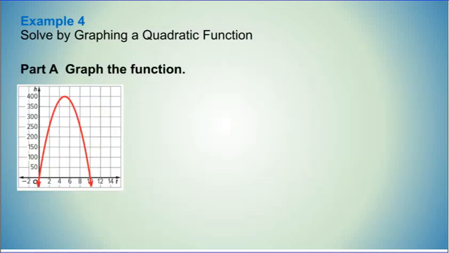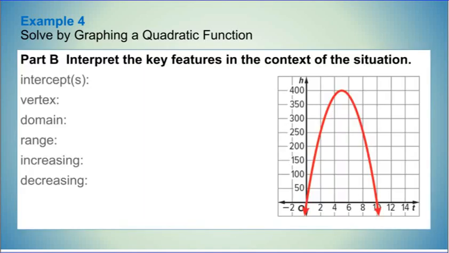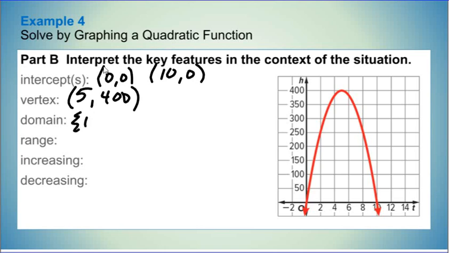Now let's interpret the key features. Here's a graph which is similar to what we had. We did say that it was 400. We had our 0 at 10. Now let's identify intercepts. So our intercepts are 0, 0, and we have 10, 0. The vertex is 5 and 400. The domain, x such that x is greater than or equal to 0, but less than or equal to 10.